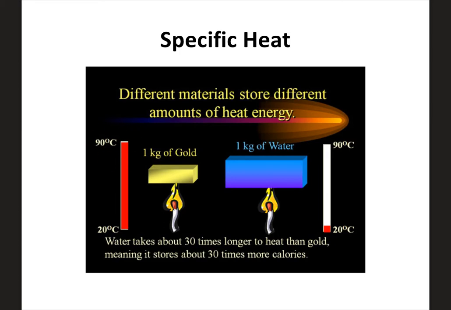Gold is at least at 90 degrees Celsius, and water is somewhere around 20 degrees Celsius, heating them with the same intensity, for the same amount of time, with the same amount of gold and water. This is because water has a relatively high specific heat. It takes a lot more energy to get the temperature of the water to go up. It can basically hold a lot more of that energy, if you will. So definitely understand this idea of water having a higher specific heat.